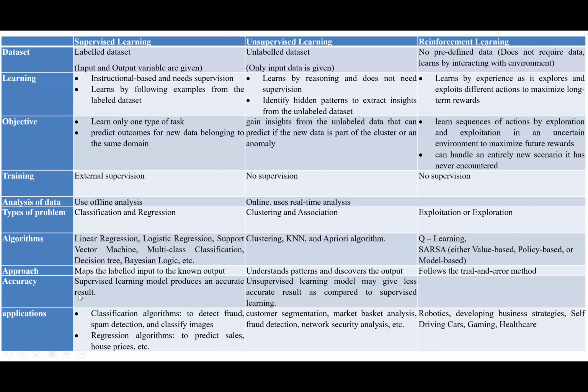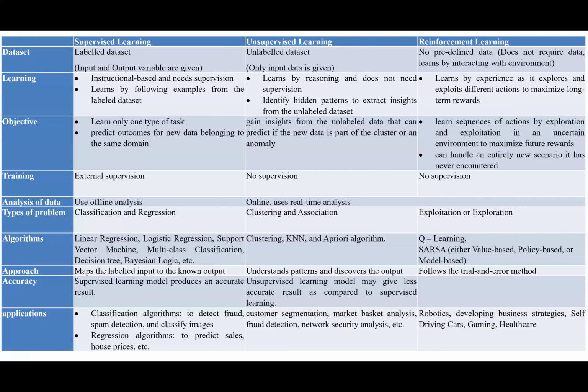Accuracy of supervised learning. Supervised learning models produce accurate results because classes are fixed and the model is trained on input and output. It's supervised learning, right? The right things are taught. So the chances of making errors are very less, and so these learning algorithms are considered more accurate.